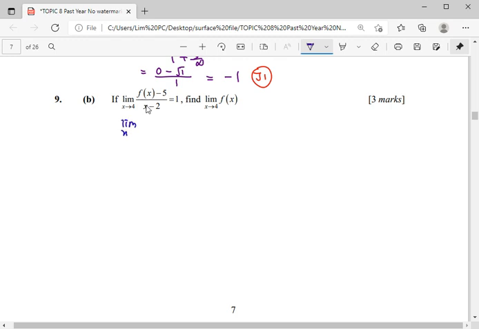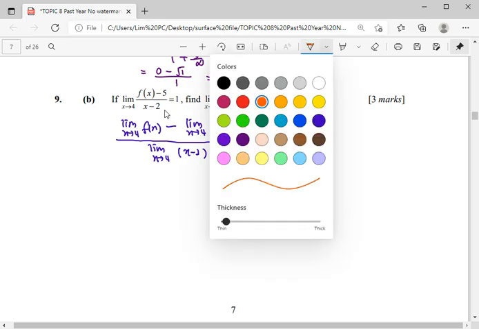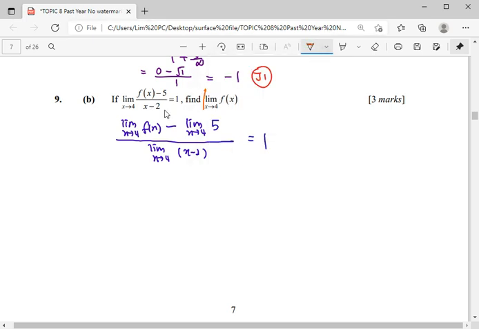For the limit as x approaches 4, we can do it for f(x) at the same time, minus the limit as x approaches 4 of the constant function, and then the limit as x approaches 4 of the linear function x minus 2. So we can find the limits independently and then put them together. This limit of the function f(x) as x approaches 4 is the part we want to find.